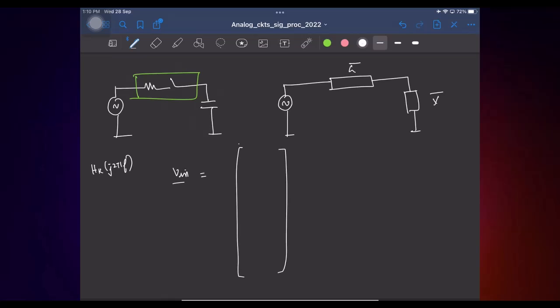So if I were to write a V in vector that says the strength of the inputs at all these frequencies, how will it look like? My V in of t is e power J2 pi ft. If I try to form a vector which says the strength of V in at all these frequencies, you will have zeros. So now this entire thing can be simplified like this.